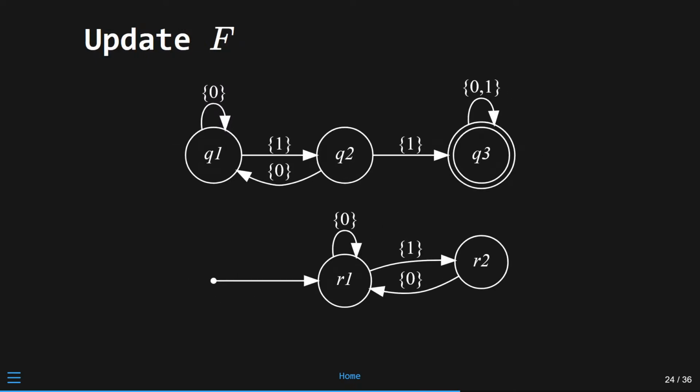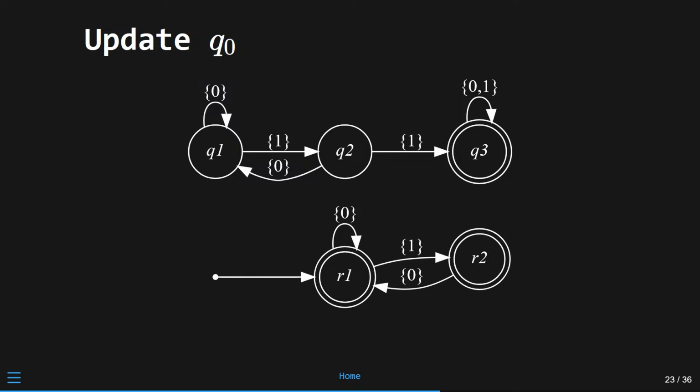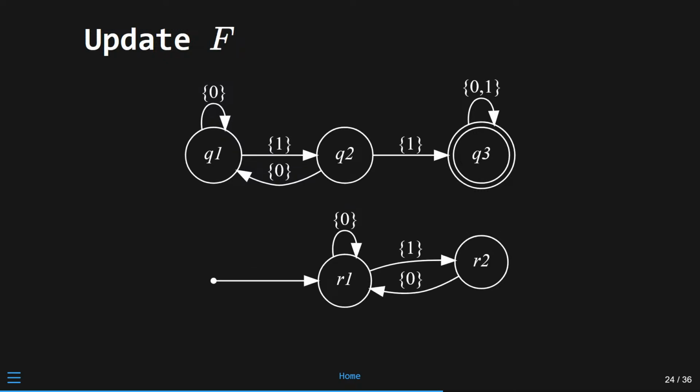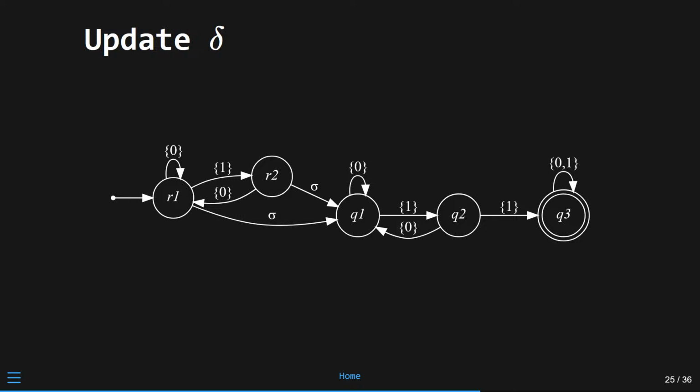Now we're going to update the acceptance states. So what's the difference between these two slides? R1 and R2 go from accepting to non-accepting, as we expect. Okay. What's the next thing to do? I think we need to connect R1 and R2 to Q1. No problem. They were both originally accepting states, so it makes sense to connect both of them.